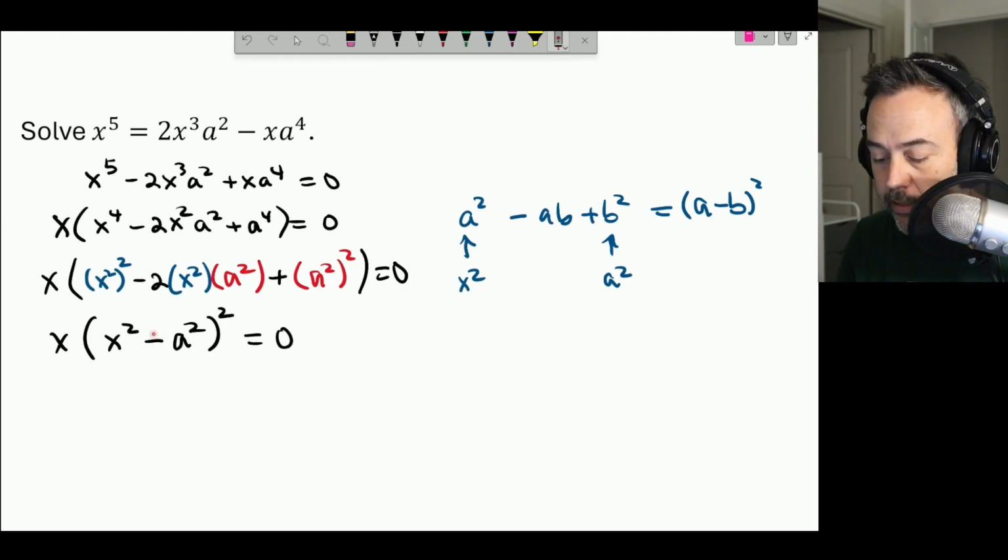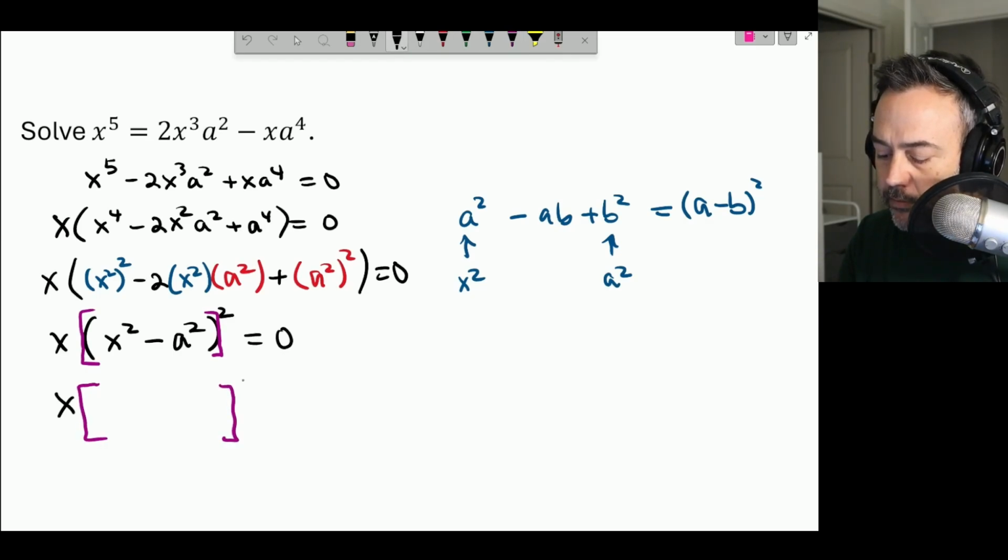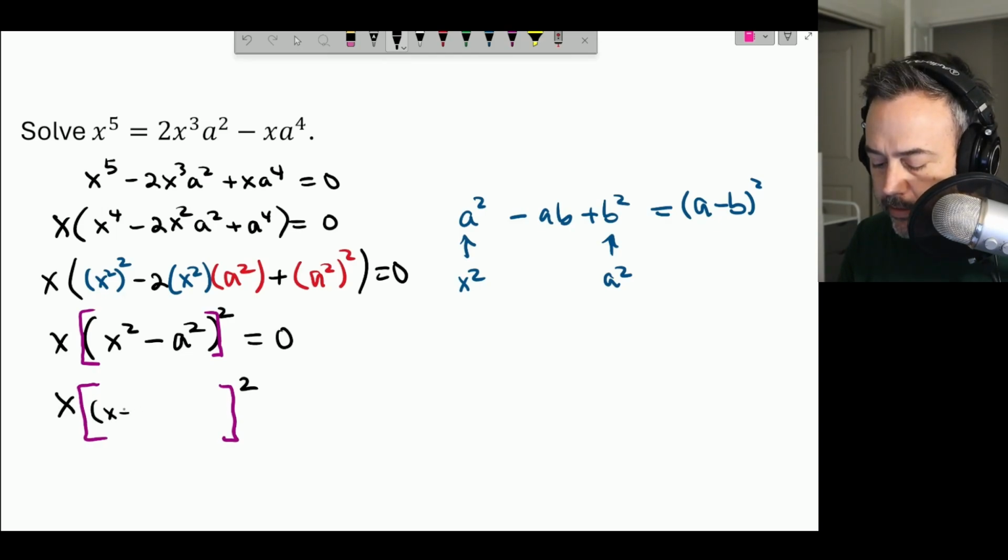All right, inside of here, this is a difference of squares. I'm going to put a bracket around this, and I'm going to factor this difference of squares inside that purple bracket. I don't want to lose track of that square that's on the outside, but I do know that x squared minus a squared is x plus a, x minus a.